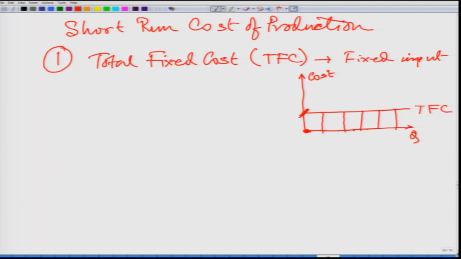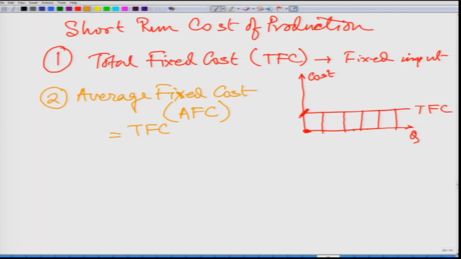The average fixed cost, AFC, is total fixed cost divided by the total output.